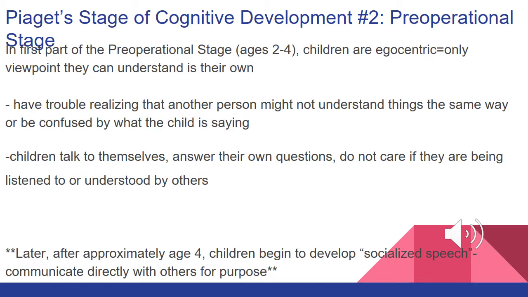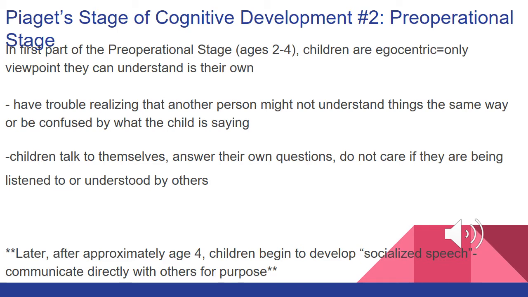In the first part of the preoperational stage, children are egocentric. So the only viewpoint they can understand is their own. They cannot conceptualize that another person has a different viewpoint or a different experience, and they also cannot realize when other people misunderstand or get confused by what the child is saying.